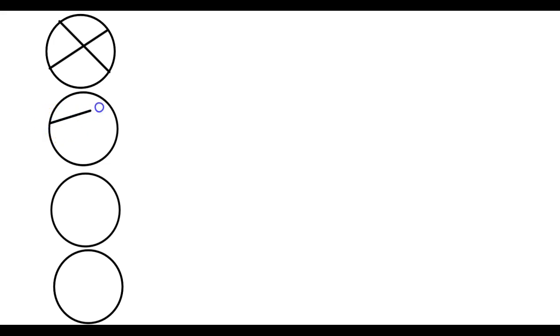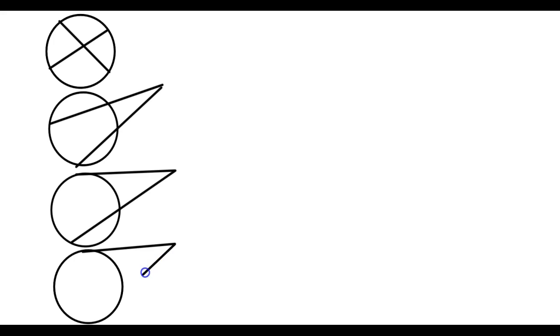And then we can have 2 secants. And then we can have a tangent and a secant. And then we can have 2 tangents. If memory serves me correctly, that's all the different combinations we could have.